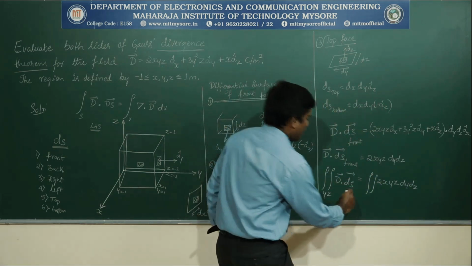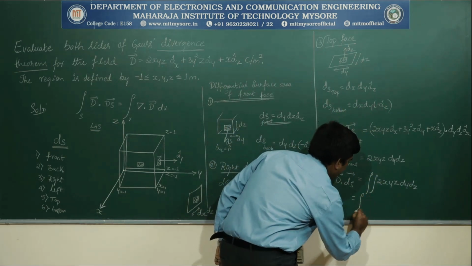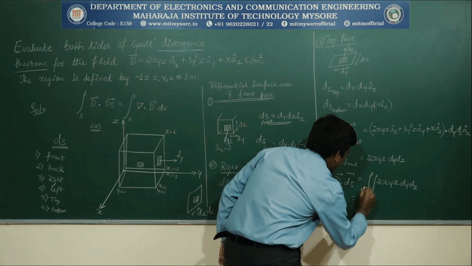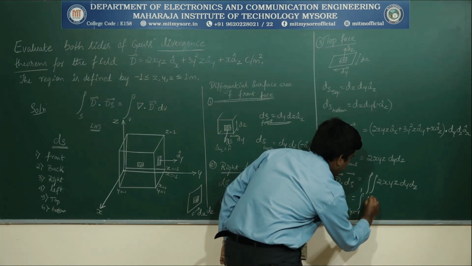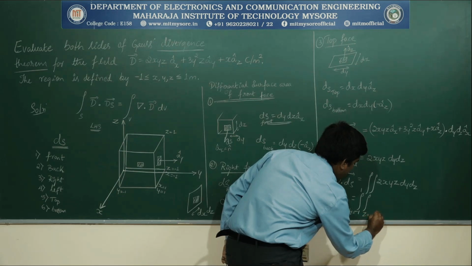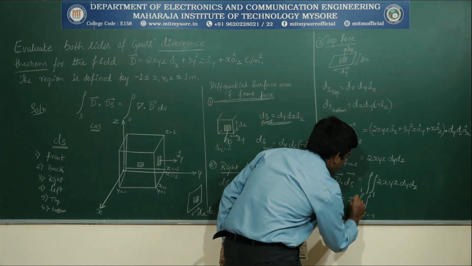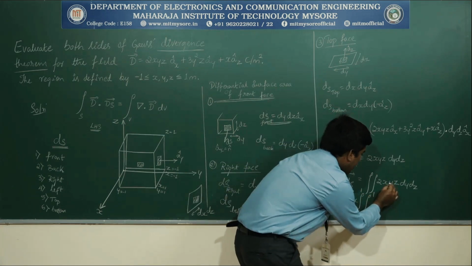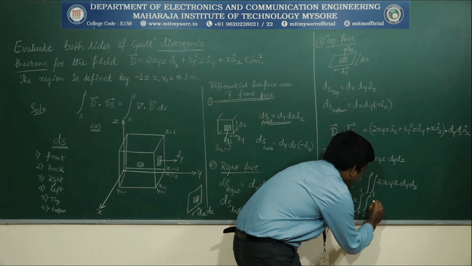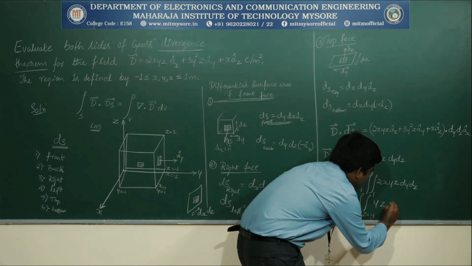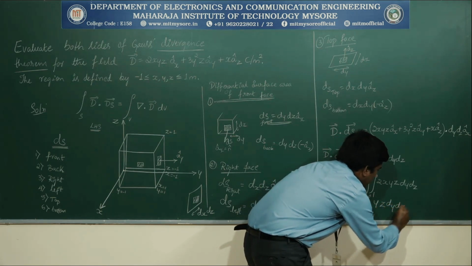If we integrate this, what is the limit? Minus 1 to plus 1. Y is equal to minus 1 to plus 1. Z is equal to minus 1 to plus 1. 2x is constant, take it outside. What are we going to get? Integration of yz into dy into dz.